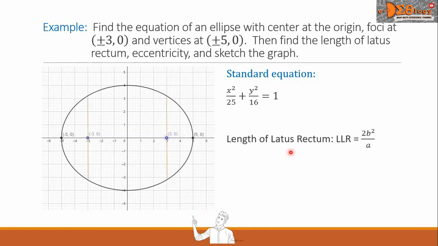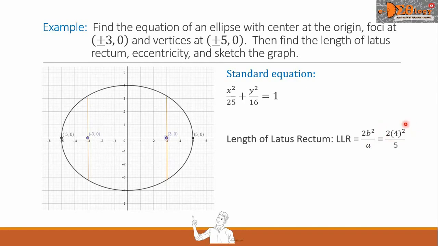The length of the latus rectum, or LLR, equals 2b squared over a. Substituting the values for b and a, we have 2 times 4 squared over 5.